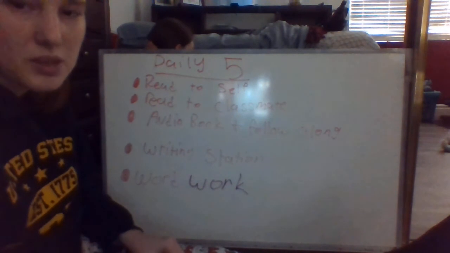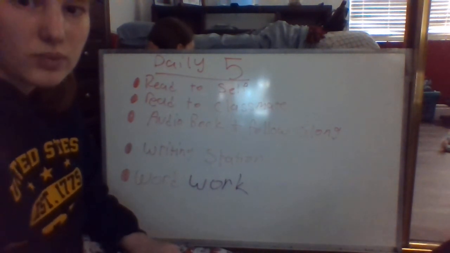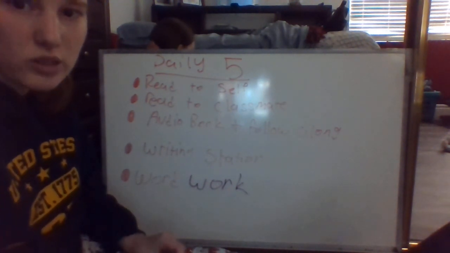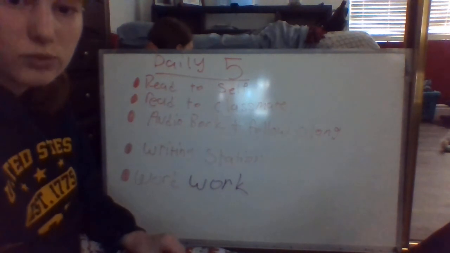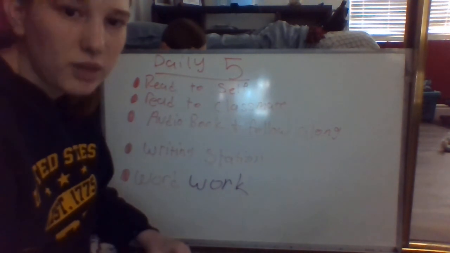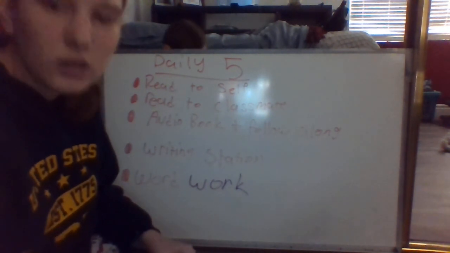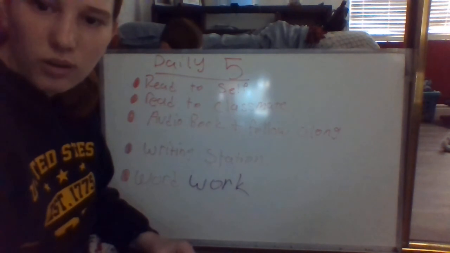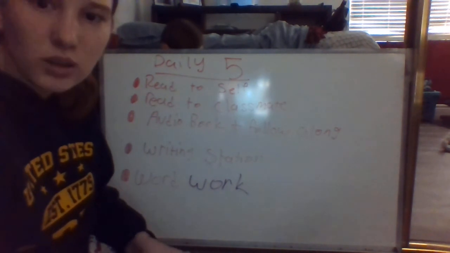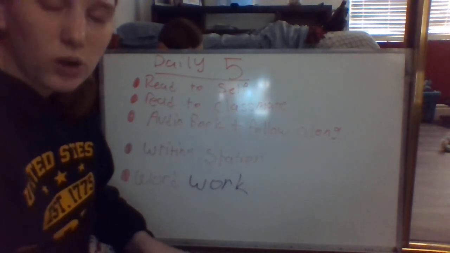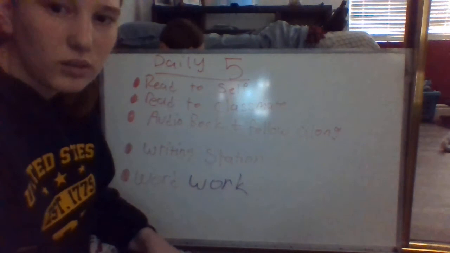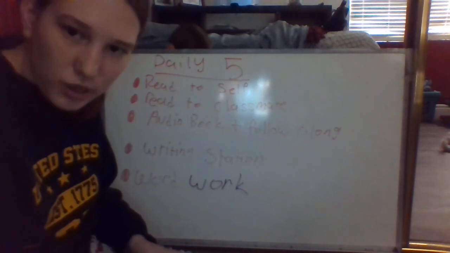Try to maybe say, hey, you're going to read by yourself, or if you want to, for one of your Daily 5, if you are reading by yourself, you need to make a prediction during your reading. Write down or highlight vocabulary words or words you don't understand.